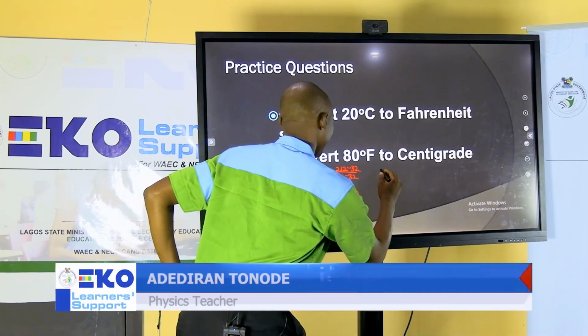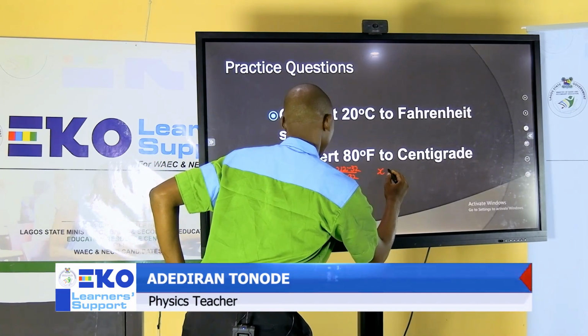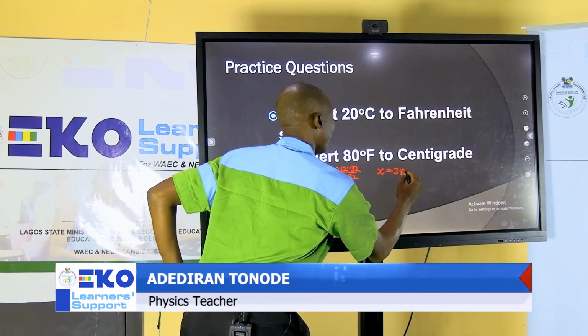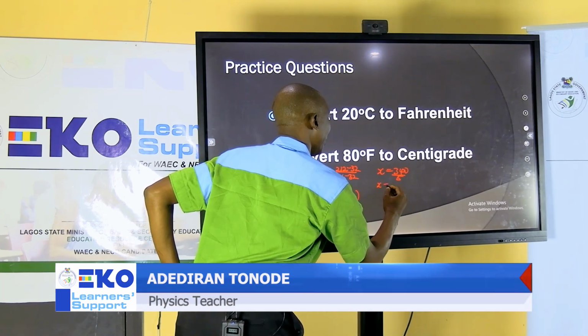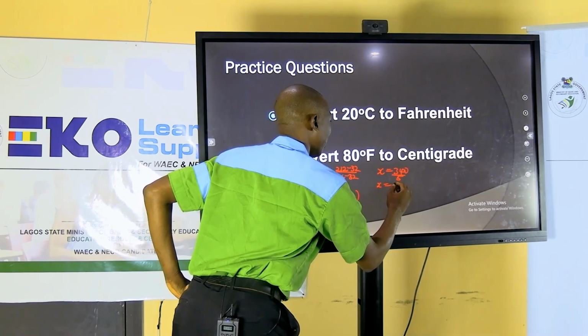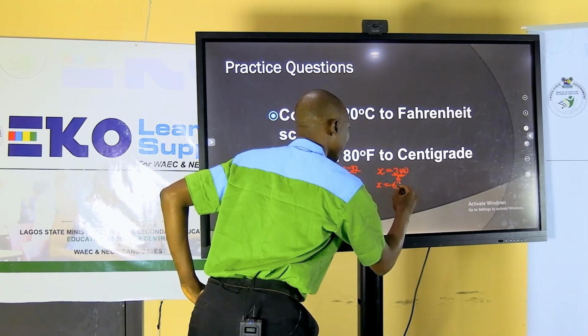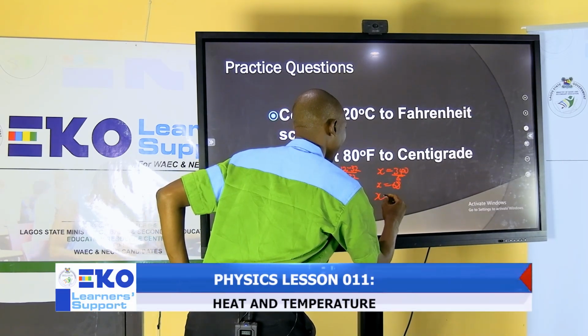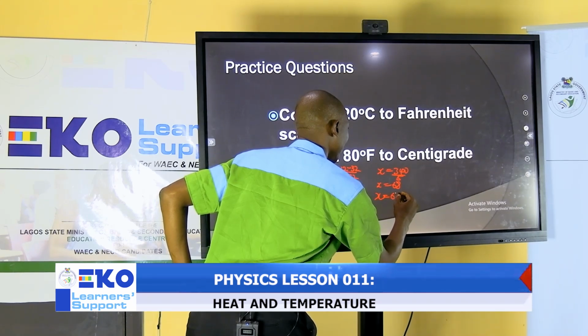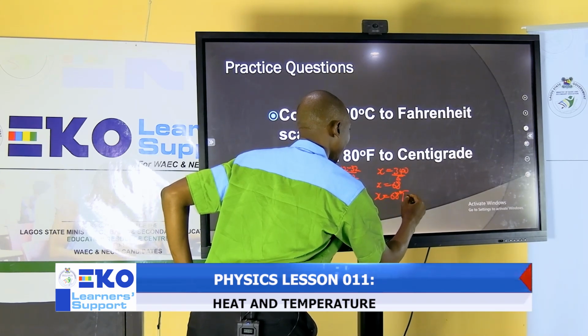Let's check. That means our x equals 340 divided by 5. 5 in 34 is 6. 5 times 6, 30. Remaining 4, in 40, 8. So that means our x equals 68 degrees Fahrenheit.